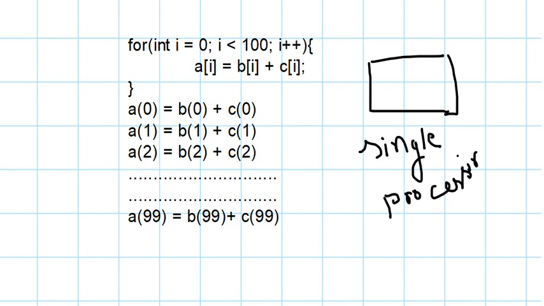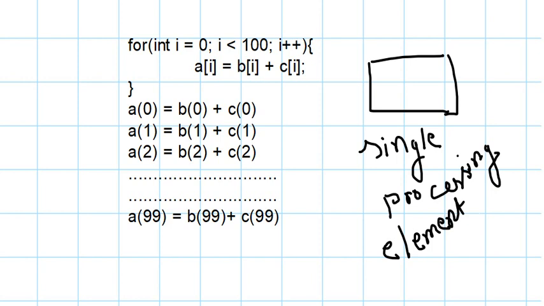Now think of an imaginary situation where you just increase the number of processing elements which are capable of doing the addition task.